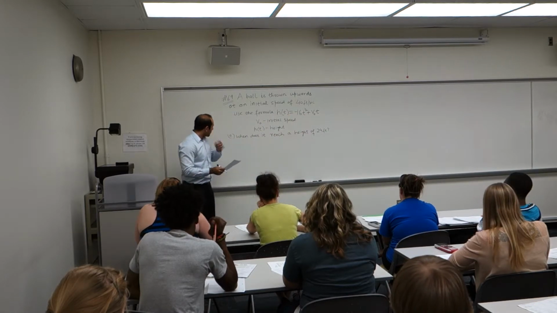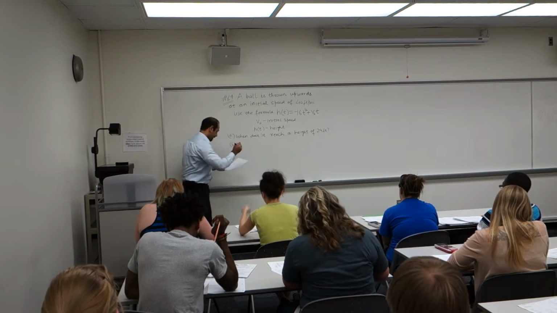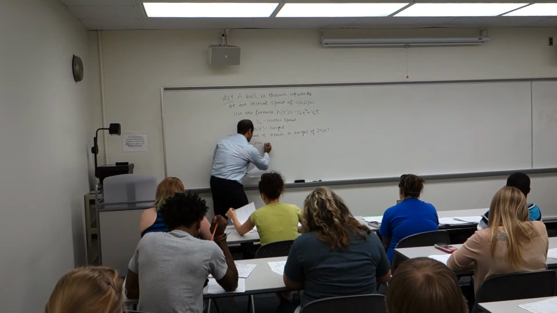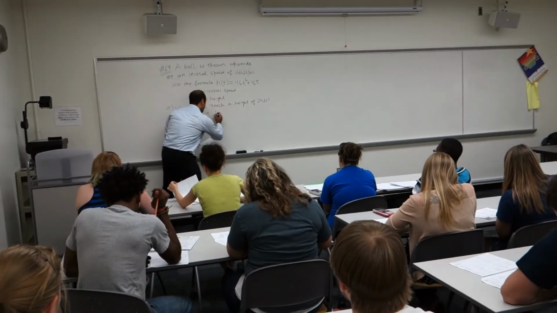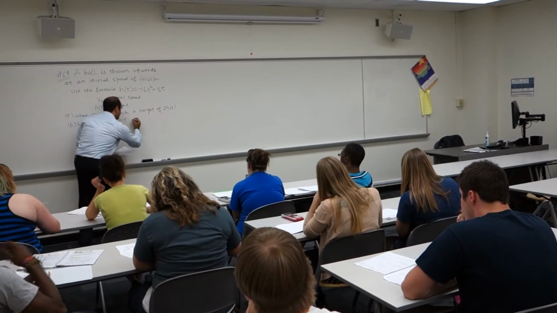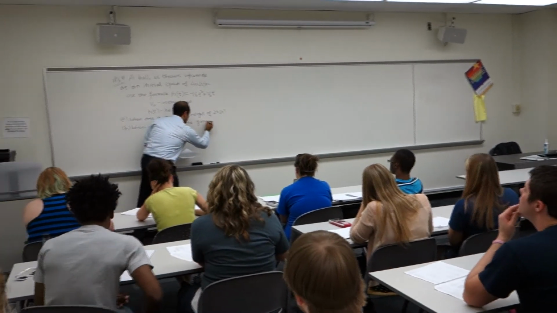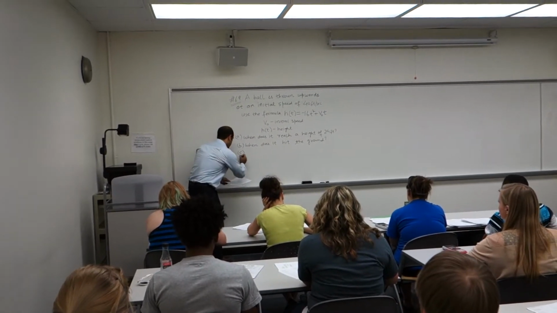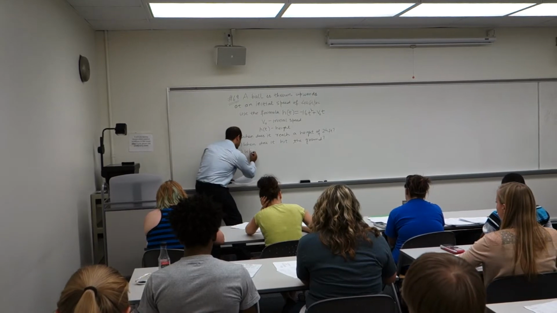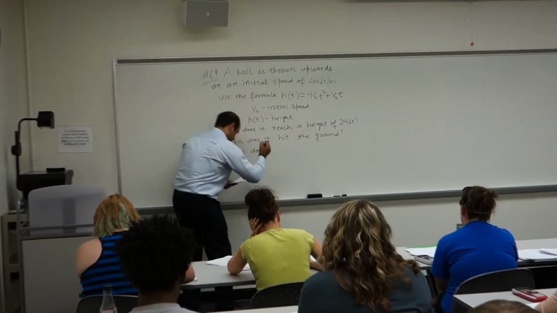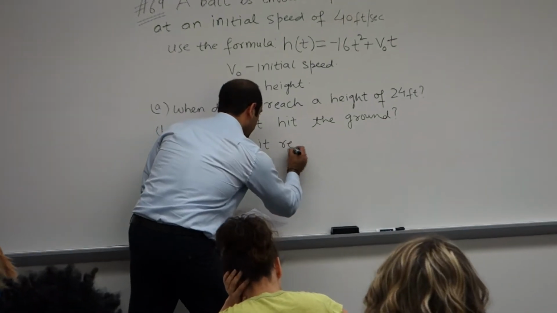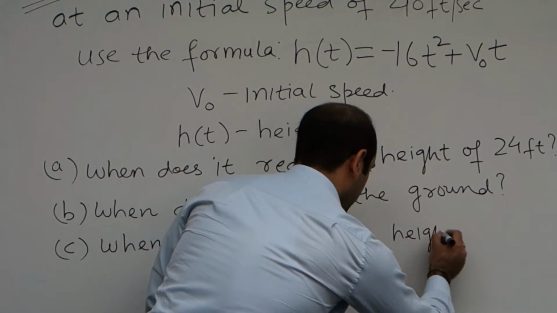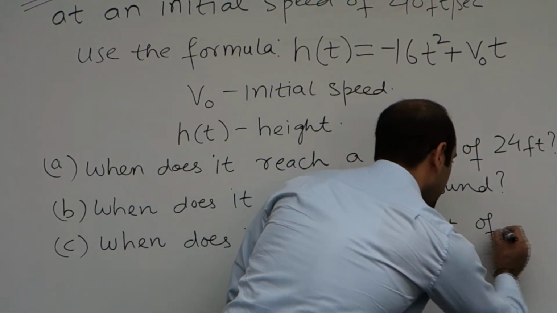That's part A. Then part B is when does it hit the ground? Part C says when does it reach the height of 60.